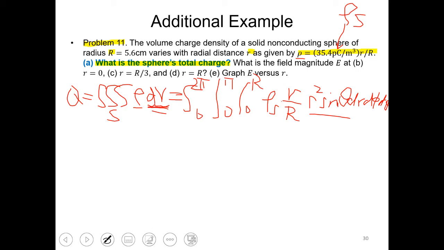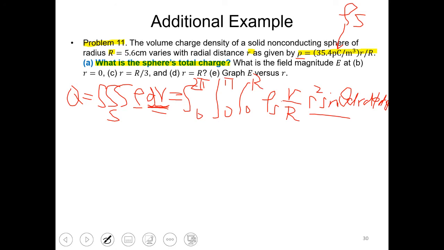So this is r, this is dr, and this is d phi. The area of this part should be dr times this line, which is r times d phi, the arc length.